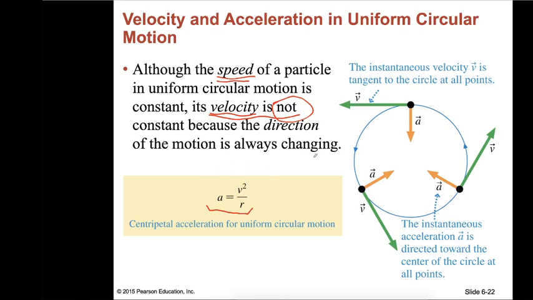This is the centripetal acceleration equation. Using it, when you have the speed and the radius of the circular motion, you can calculate the acceleration, which is the centripetal acceleration. And the direction of the centripetal acceleration is always pointing to the center of your circular motion.